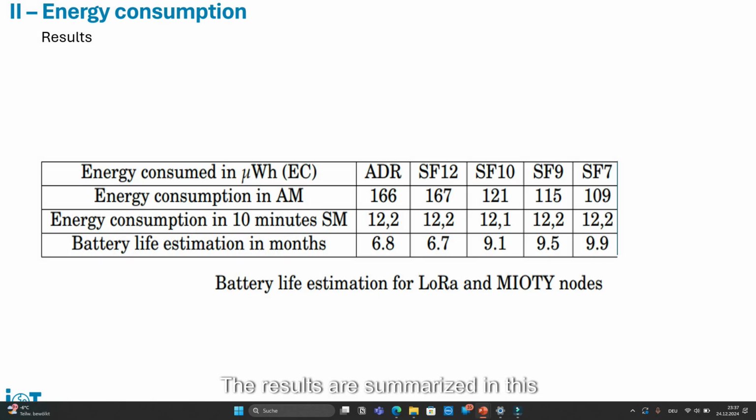The results are summarized in this table. We have here energy consumed in microwatt hour for LoRa adaptive data rate, spreading factor 12, spreading factor 10, 9, and 7. The energy consumption in active mode, also in sleep mode, and then we have the battery life estimation in months.